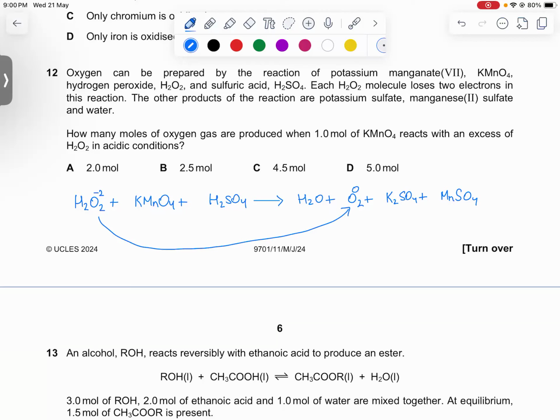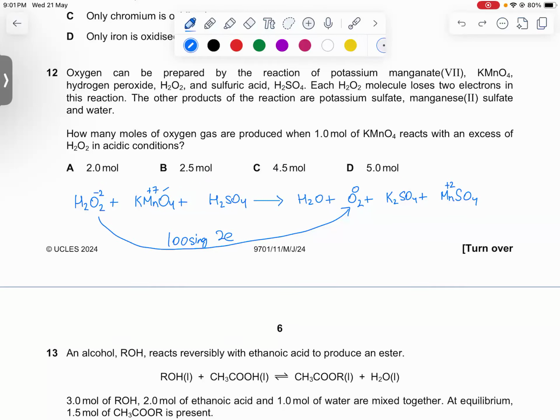How would it have gone from -2 to 0? By losing 2 electrons. And Mn is +7. You should remember that KMnO4 has Mn at its +7 oxidation state. This is +2.